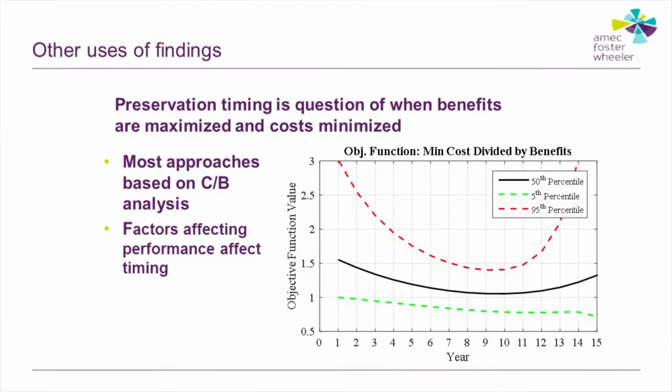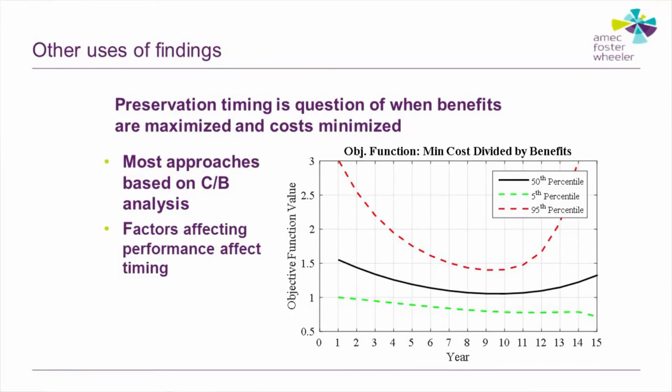This is probably overemphasizing a point that I've made already a couple of times. If we are able to quantify the effects of preservation treatments on performance, there's a lot of things that we can do with that. And here I just put, this is from 1438. Timing: what is the best timing for applying a preservation treatment?